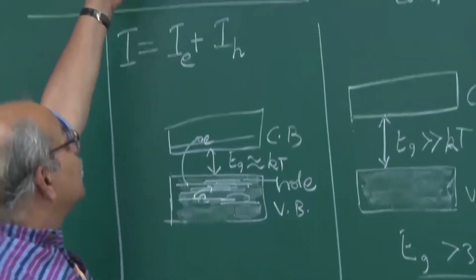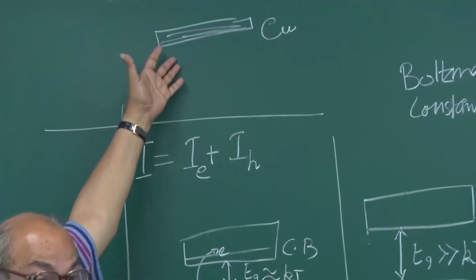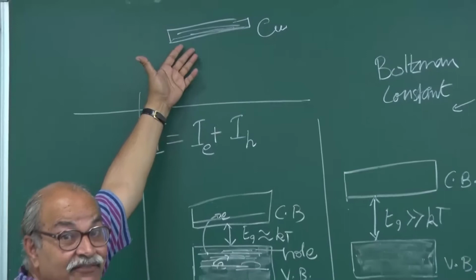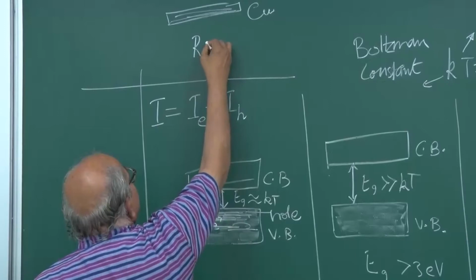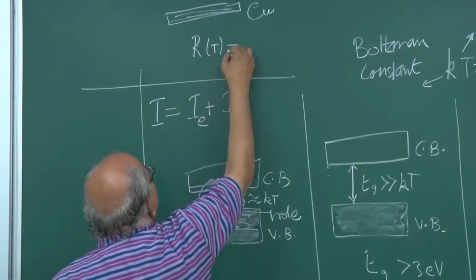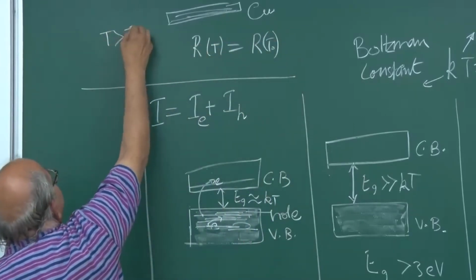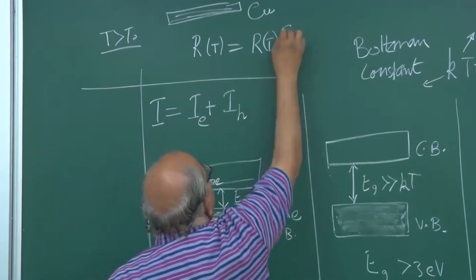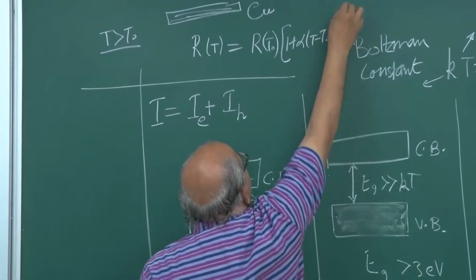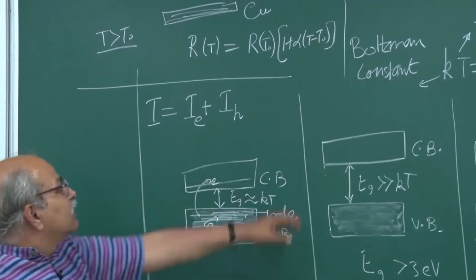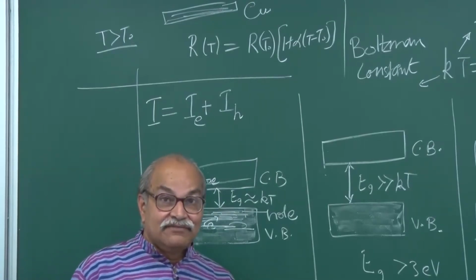So if you have copper, aluminium, nichrome or tungsten wire, which are good conductors, and you raise the temperature, then the resistance at some temperature T is equal to the resistance at some lower temperature T naught times 1 plus alpha times (T minus T naught). You must be knowing this equation. This alpha is known as the temperature coefficient of resistivity.